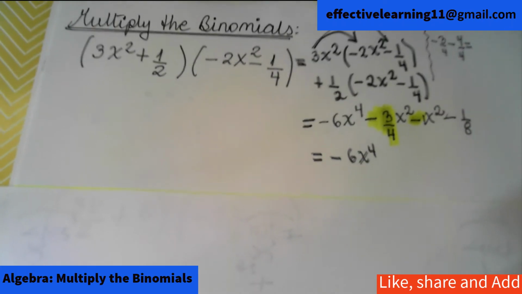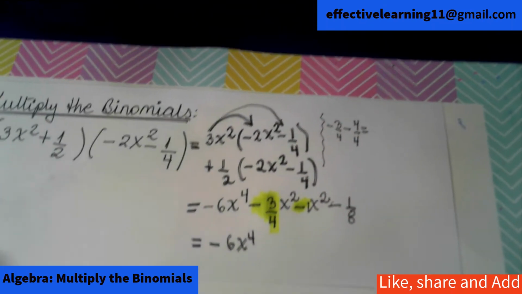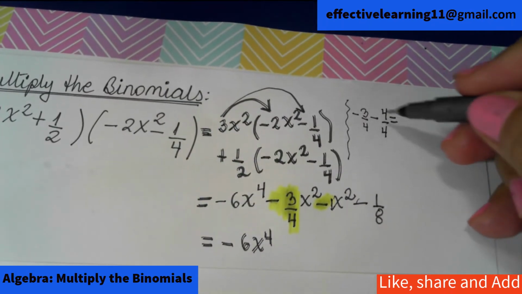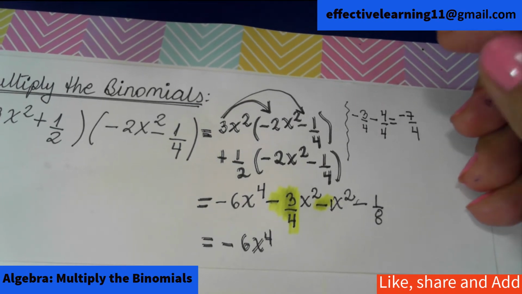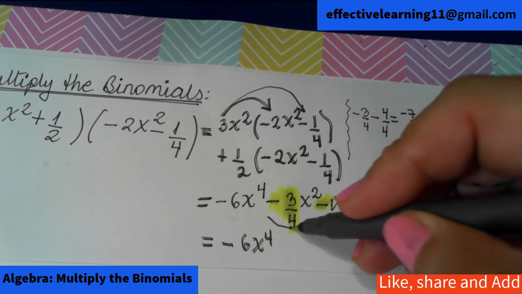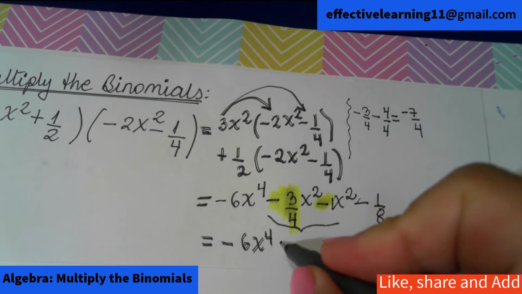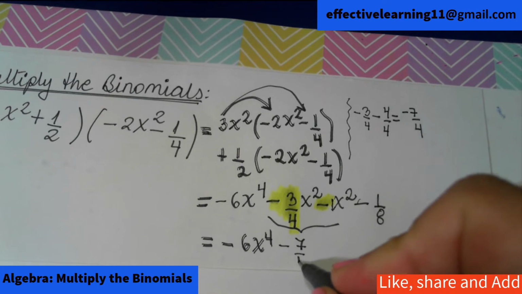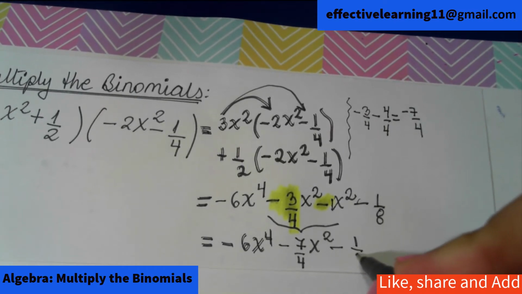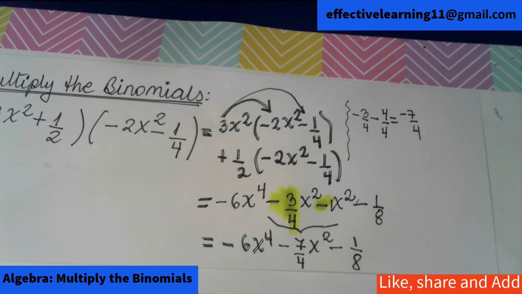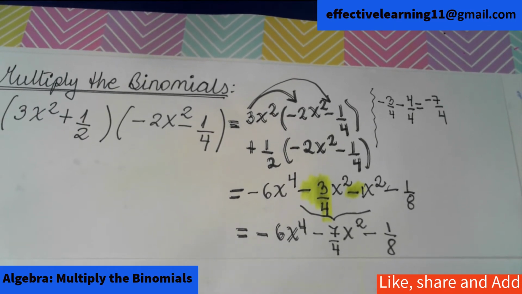So both of them are homogeneous, okay? So negative 3 minus 4 is negative 7 over 4. So you're going to answer from these two expressions. This is equal negative 7 over 4, remember, x squared minus 1 over 8. So your full answer is that.